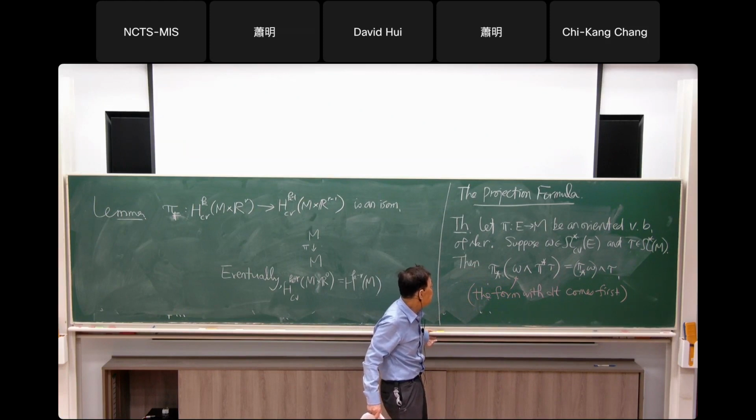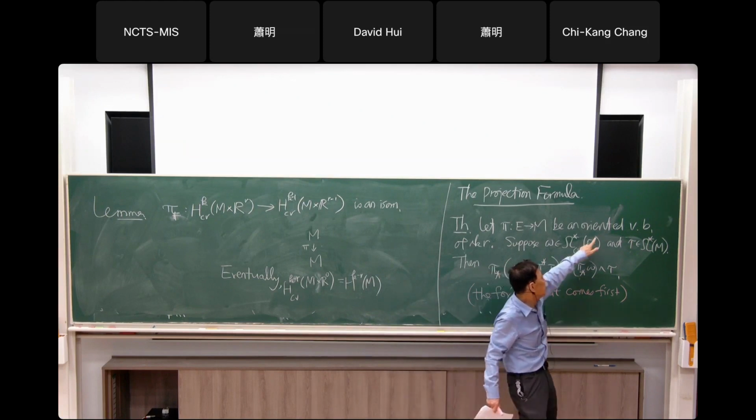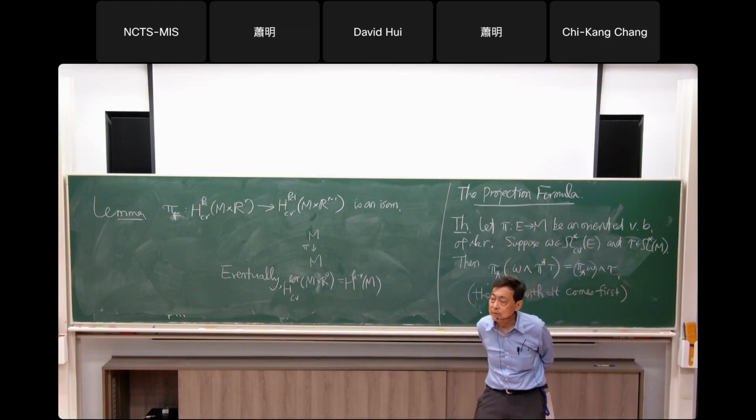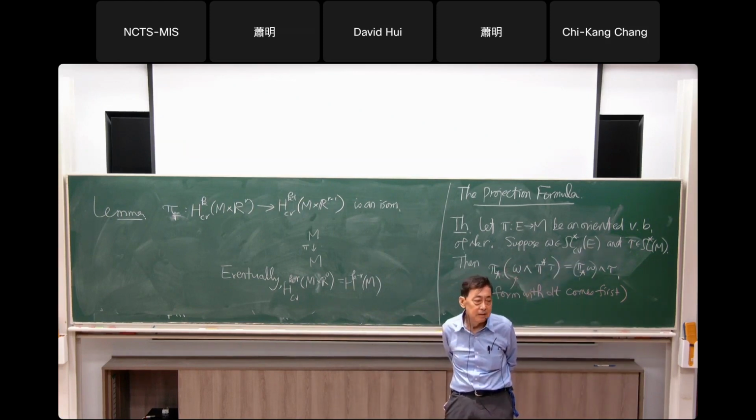Now, why do we need an oriented vector bundle? Where do we use the hypothesis that the vector bundle is oriented?